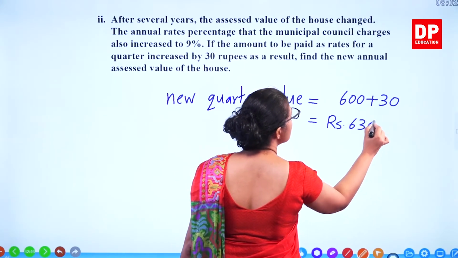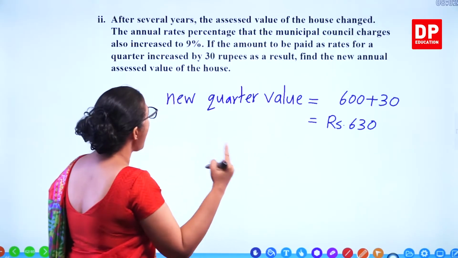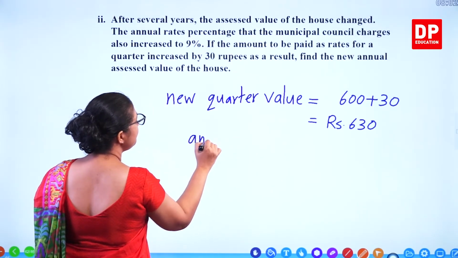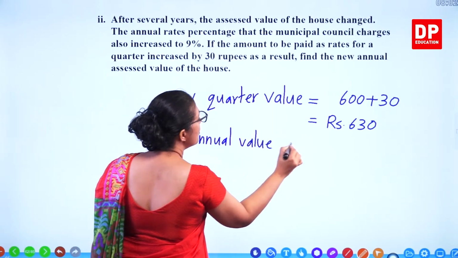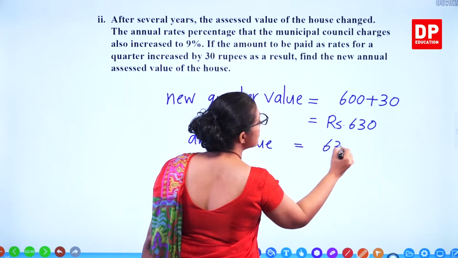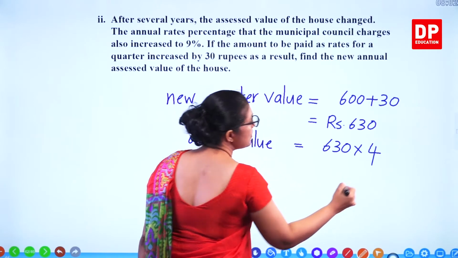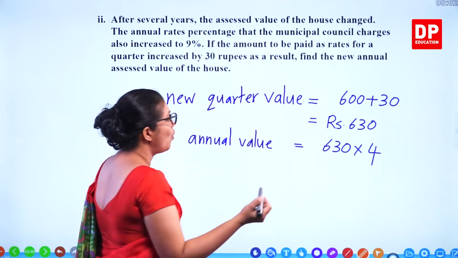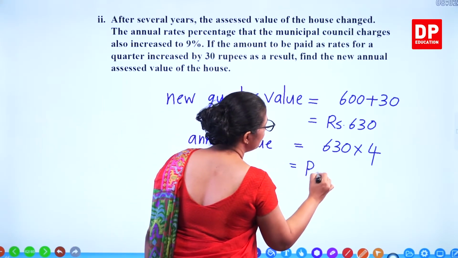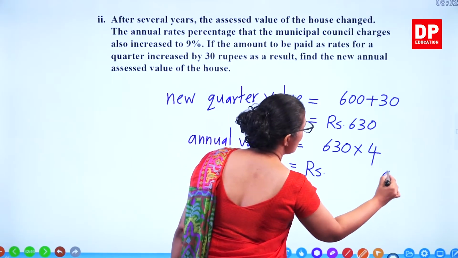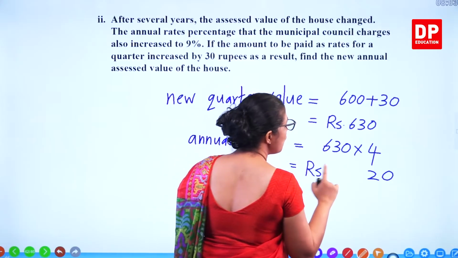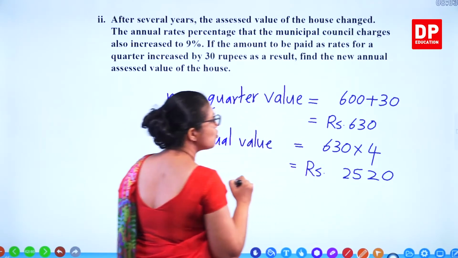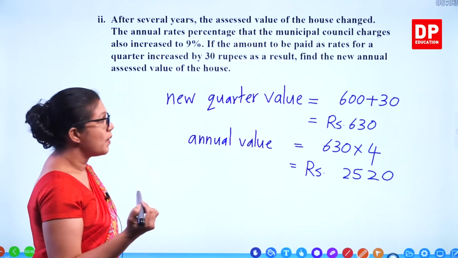That's for a quarter. So what is the annual value? Annual value is, you need to multiply this by 4. 0, 4 times 3, 12, and 4 times 6, 24 plus 1, 25, 2,520.